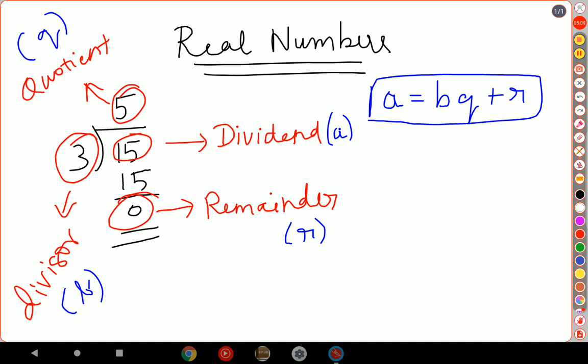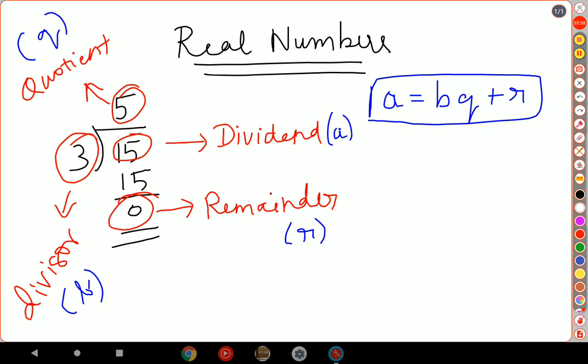This is the formula to find the dividend A. In order to find the dividend A, what are you doing? You're multiplying B with Q, that is, you're multiplying the divisor with the quotient, and you're adding the product of it to the remainder. That time you will get the dividend.